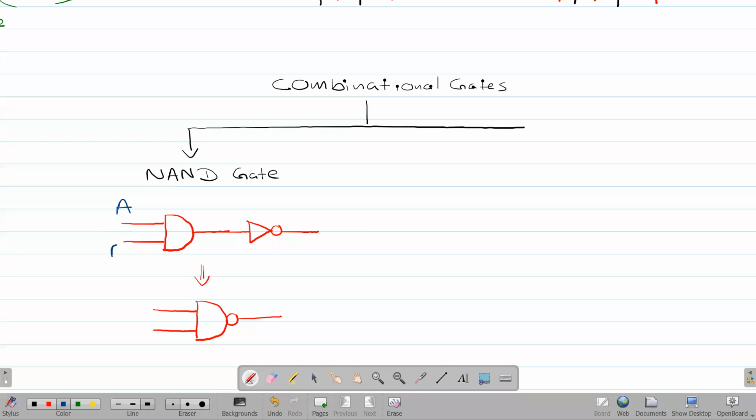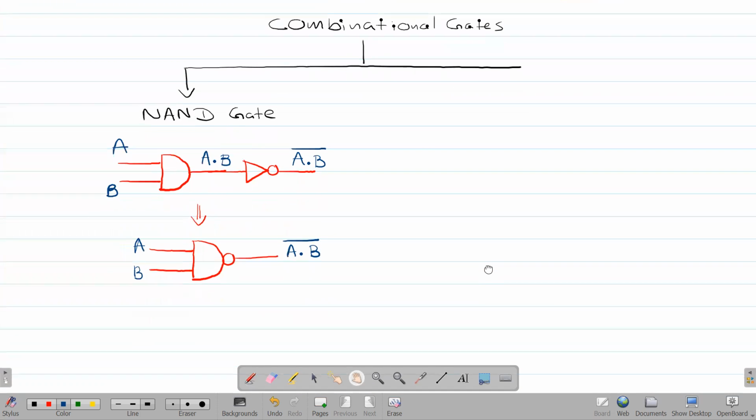You have given A and B. It will give you A dot B here, and when it goes through a NOT gate, it will give you A dot B bar. So according to this circuit, when A and B are provided, the output is going to be A dot B, total bar. We call that the total bar. It goes on the entire term.